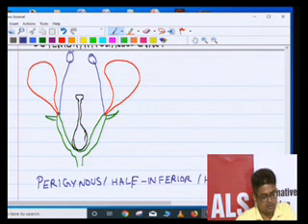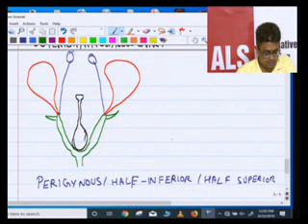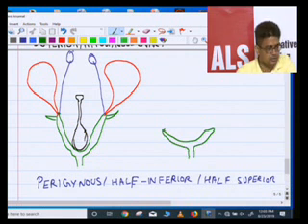So it's called by multiple names. There is one more diagram I need to draw about this. Okay. What is happening is, they can also be a bit spread out. Thalamus can be a bit spread out also, like this. Then let me draw the ovary. This is the style.